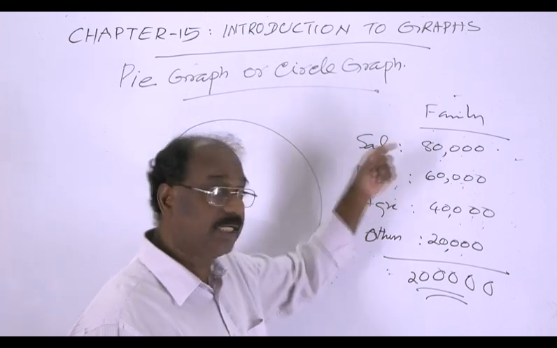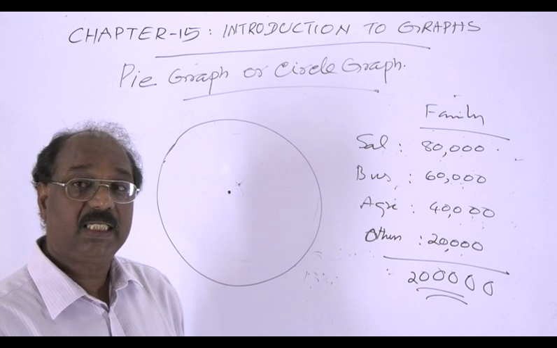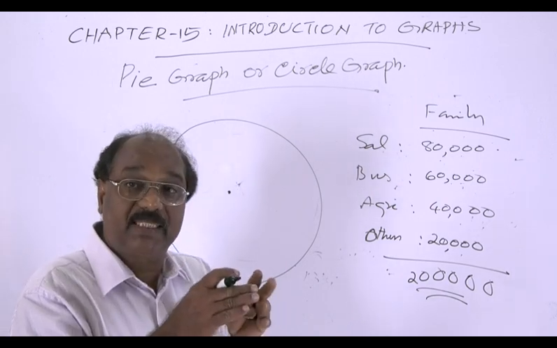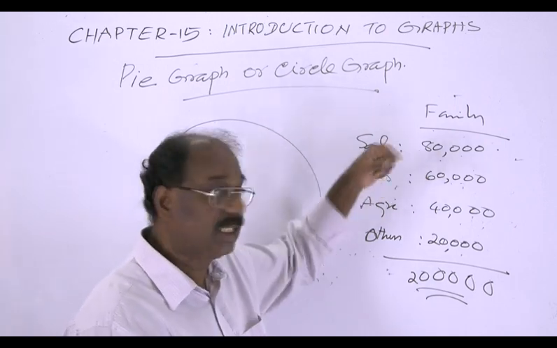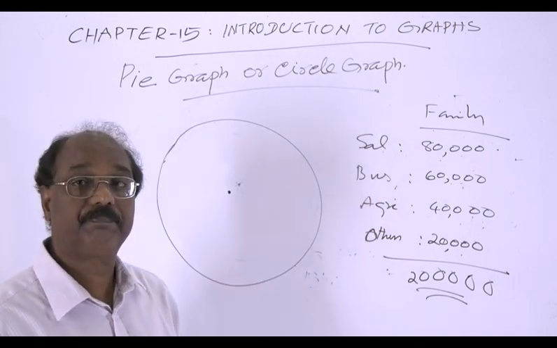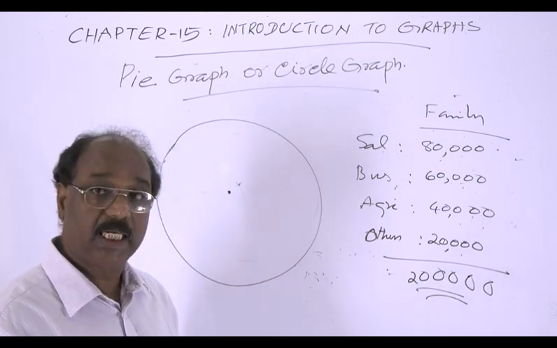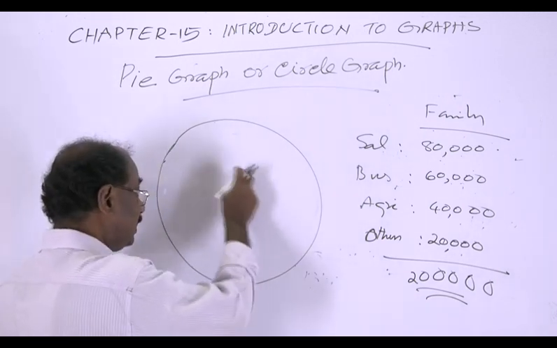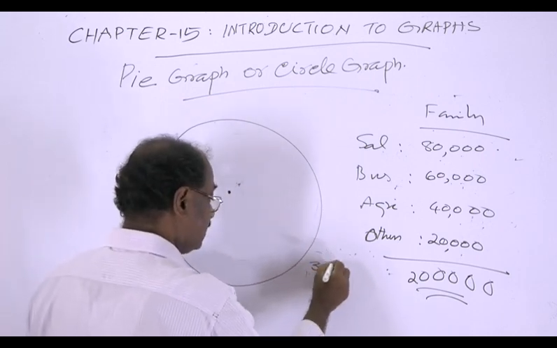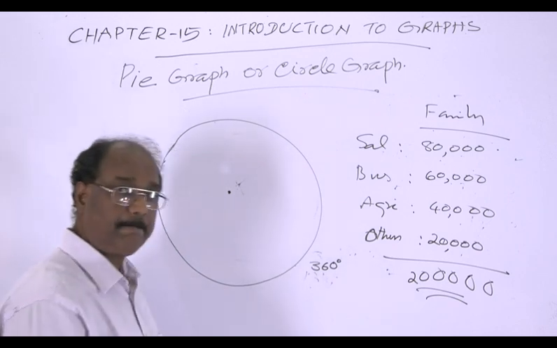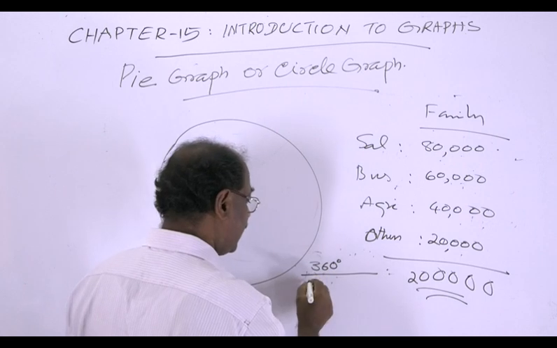How can we divide this into such sectors? Find the central angle of the sector whose area is proportional to 80,000. We know that around the center, the total angle in the circle is 360 degrees, and this 360 degrees is for 2 lakhs.